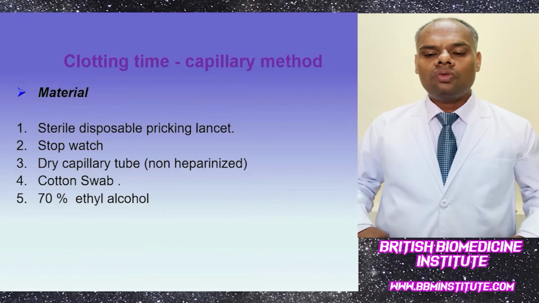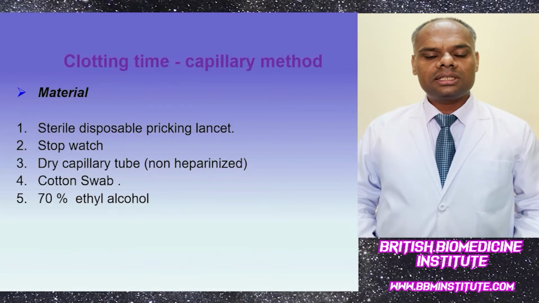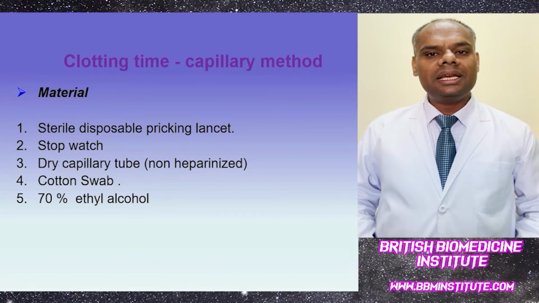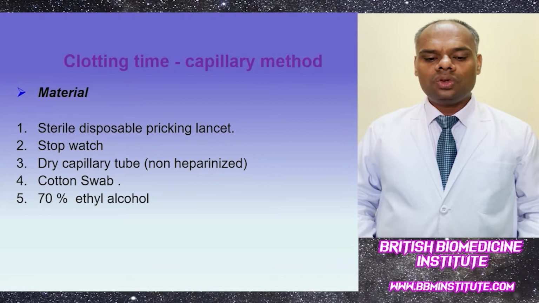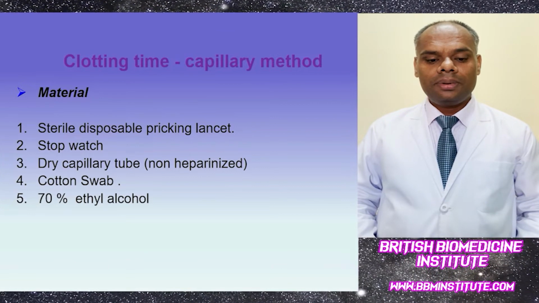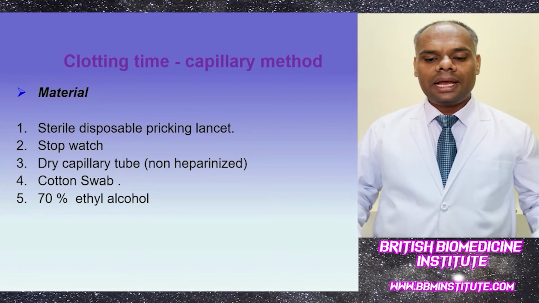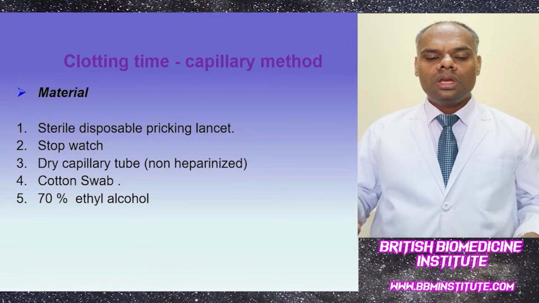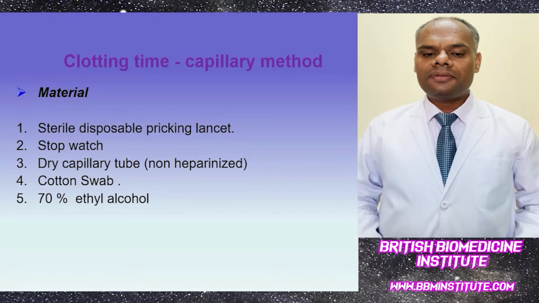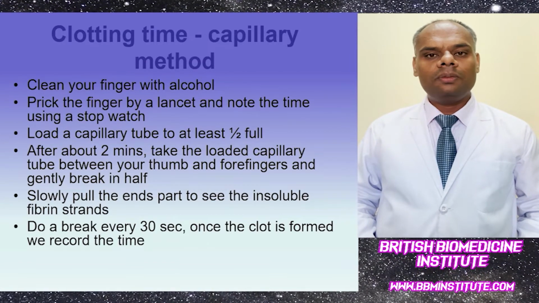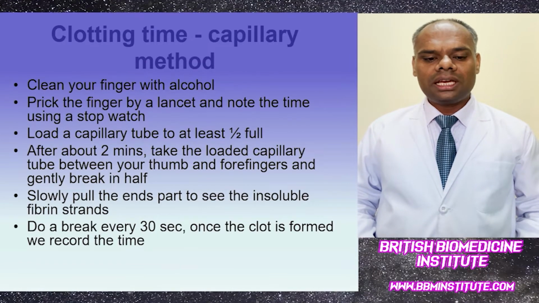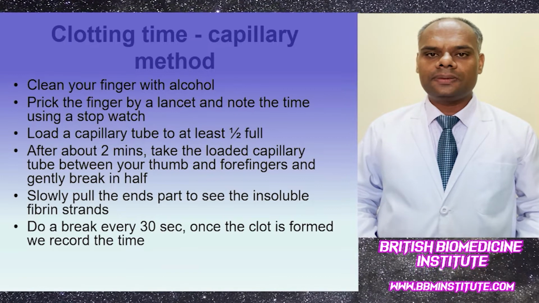For this we need a method known as the capillary tube method. The materials we use for the capillary method are a sterile disposable pricking lancet, stopwatch, dry capillary tube, cotton swab, and 70% ethyl alcohol. The method is: clean the finger with alcohol, prick the finger with the lancet, and note the time using a stopwatch.